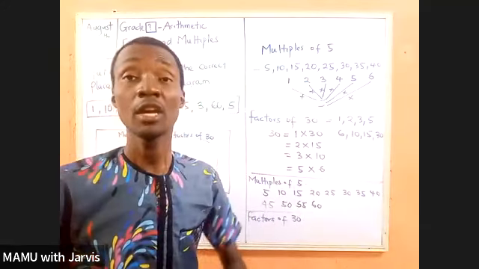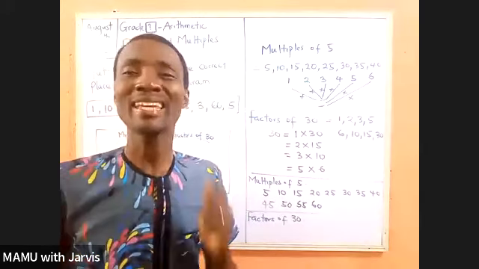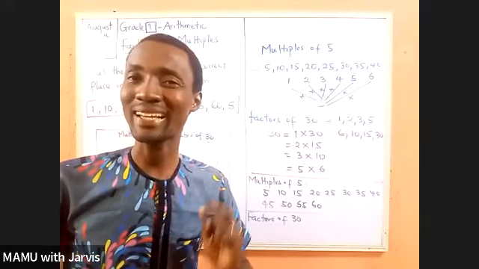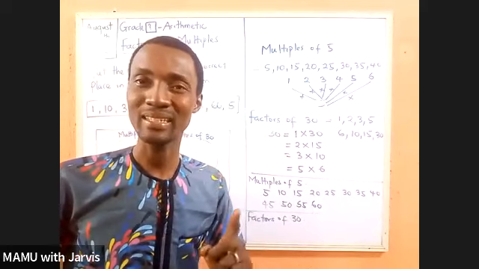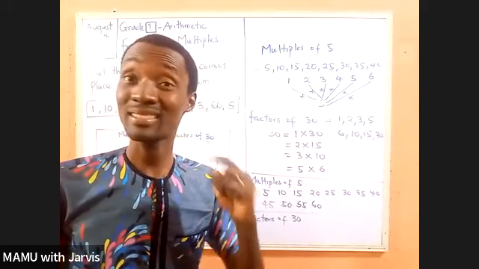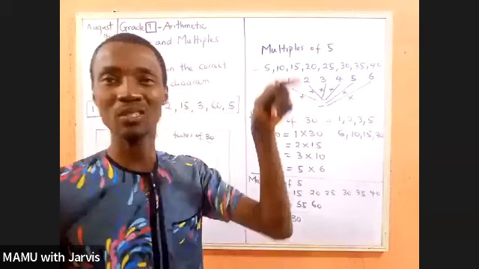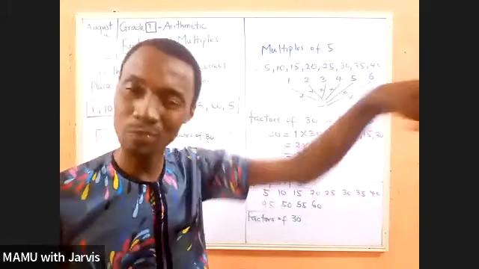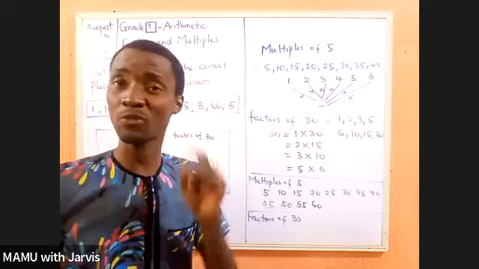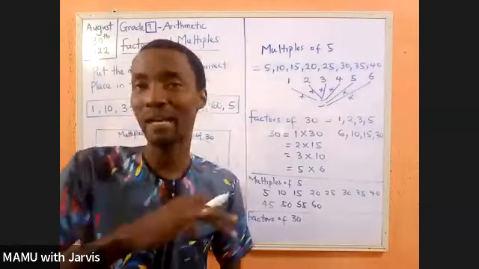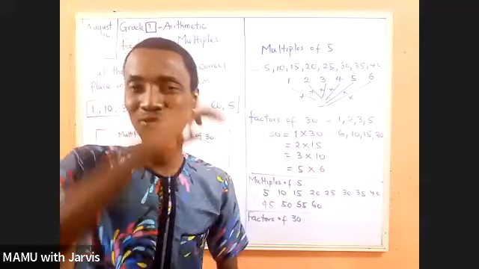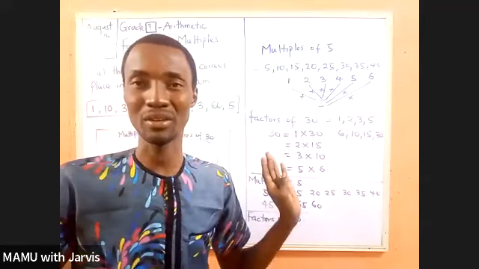For instance, if I'm looking at the factors of 30, the highest factor I can get is what? 30. I can't get 60. 30 can be a factor of 60, but 60 cannot be a factor of 30, because the whole concept of factor is to have a whole number that can divide another without a remainder.